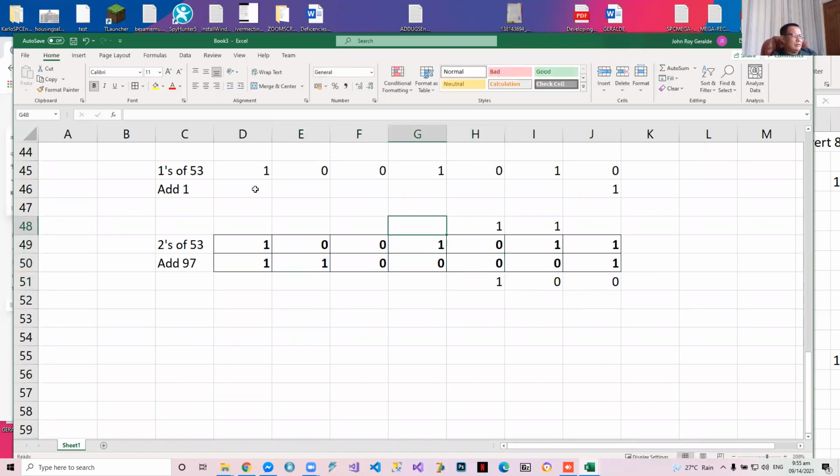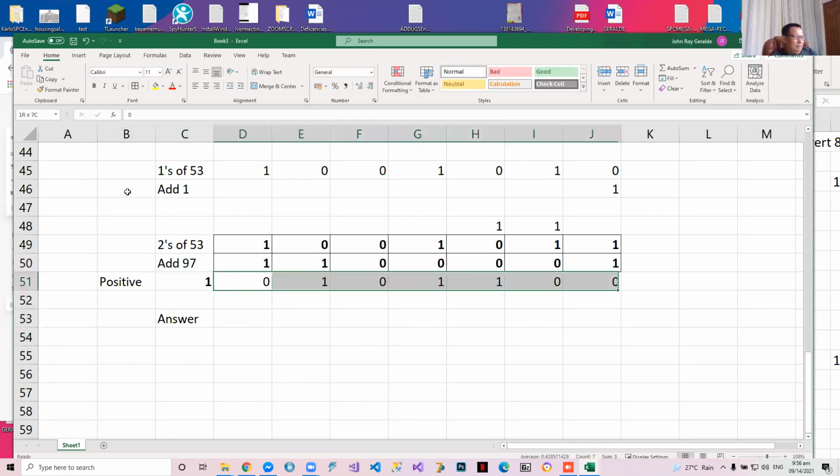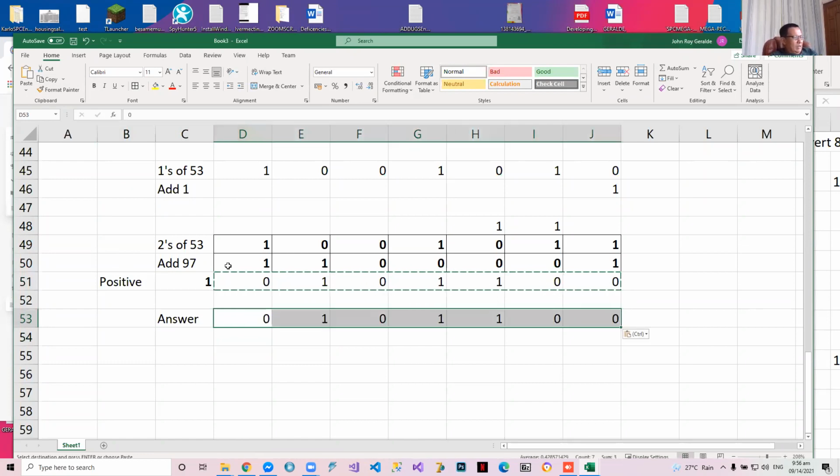Any questions? 1 plus 0 is 1. 0 plus 0 is a 0. 0 plus 1 is 1. 1 plus 1 is a 0, carry 1. What does it mean? If this is 1, this is positive. Okay? Okay, so our answer is this.